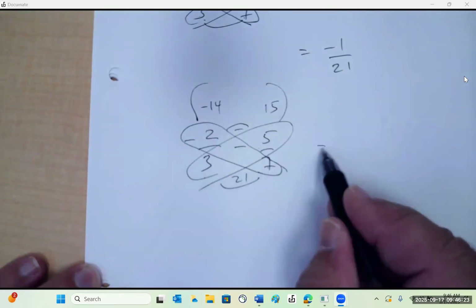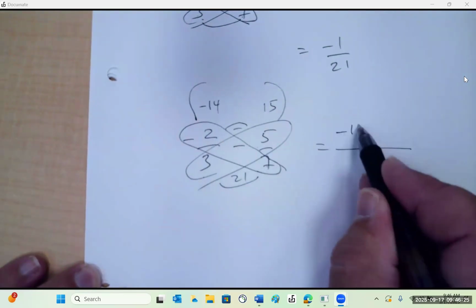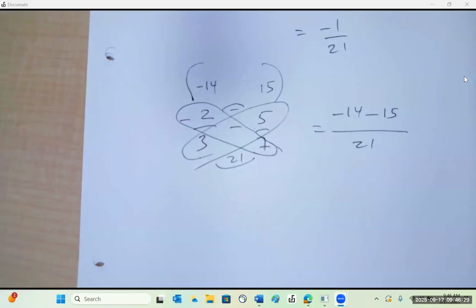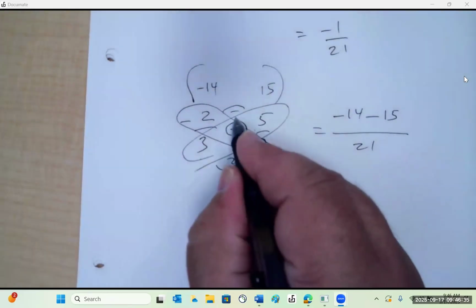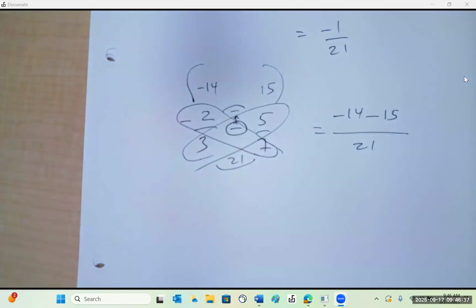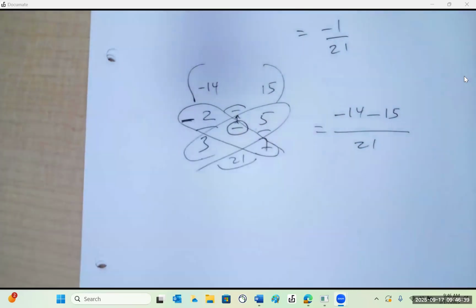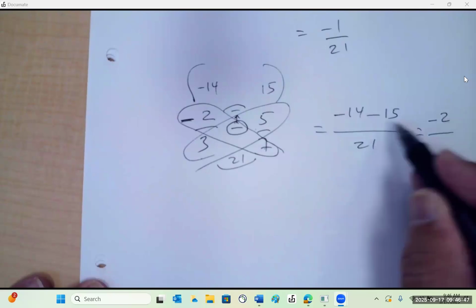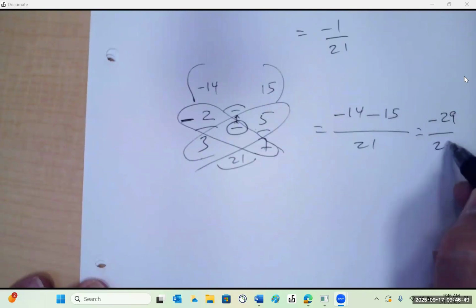Over 21. So it's negative 14 minus 15 over 21. So it doesn't matter if the sign is negative or positive. Whatever sign is here goes in the middle. So if that's a negative, the leading term is negative. They're both negative, so the answer is negative 15 plus 14 is 29.